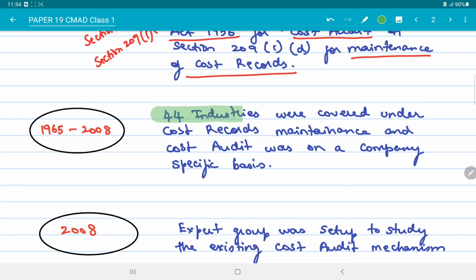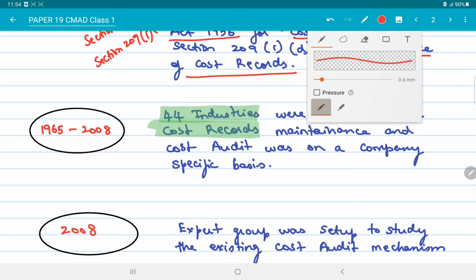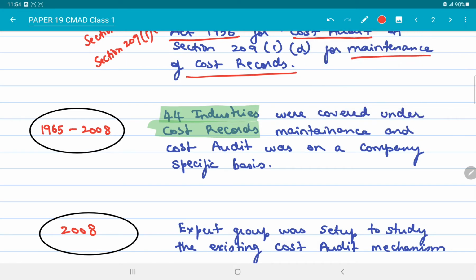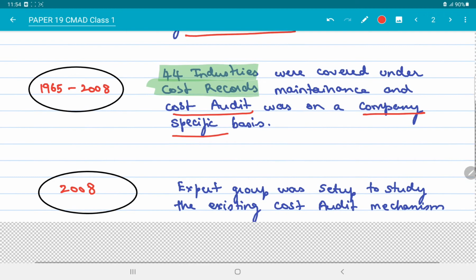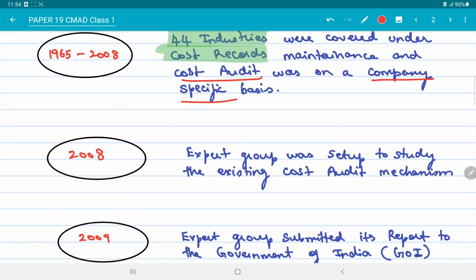How many industries? 44 industries were covered under cost record maintenance. But for cost audit, it was company specific basis till 2008.